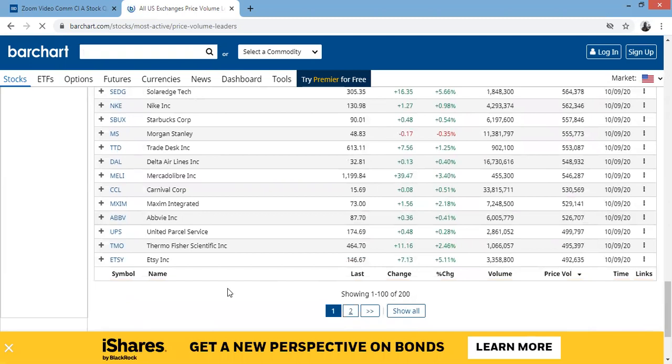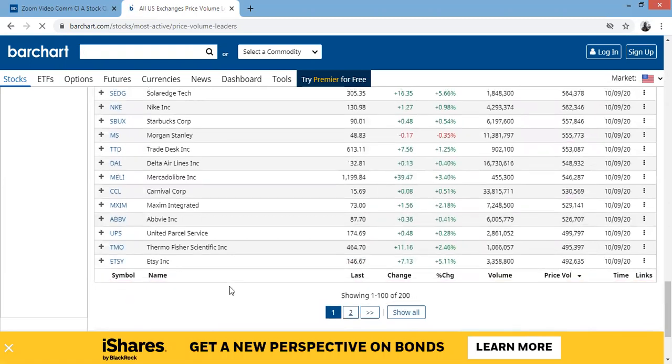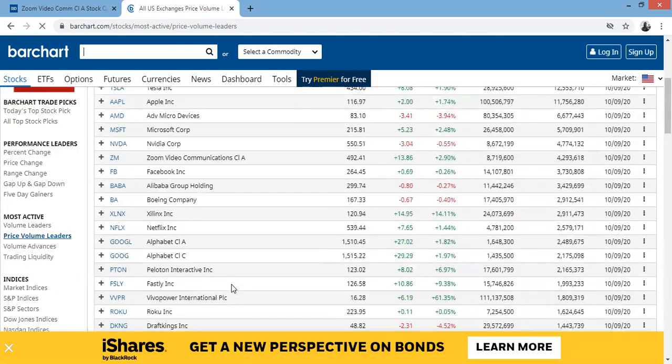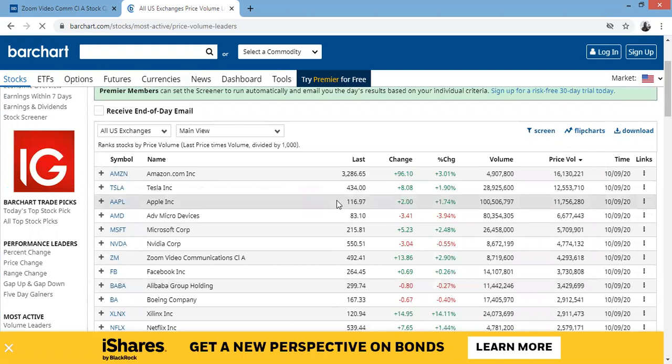And it has a list of 200 stocks. So this is one area where you can get some good ideas from.